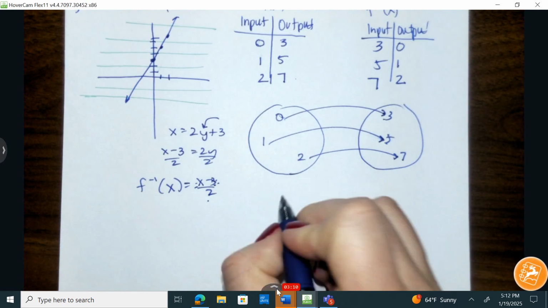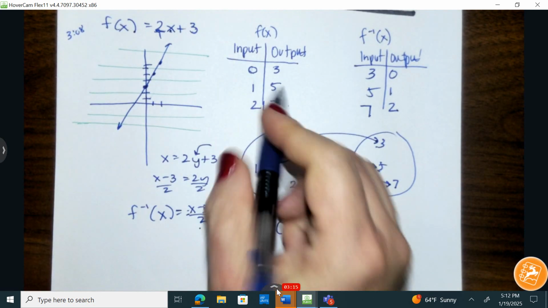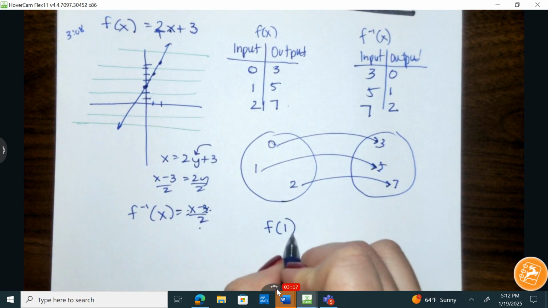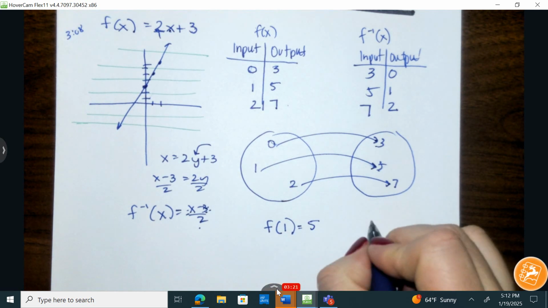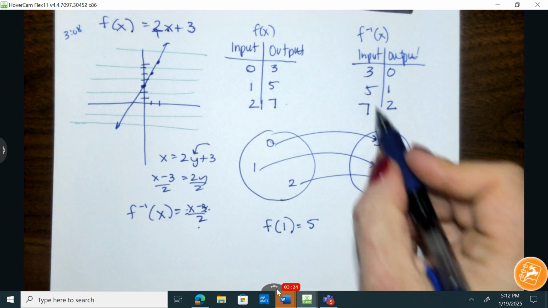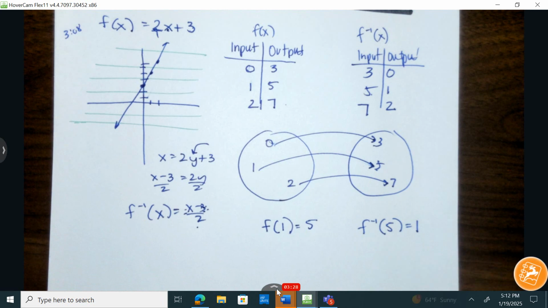We could make a few statements here. We could say, let's choose any one of these values. We could say, when the input value is 1, the output value is 5 for the function f. For the inverse, when the input value is 5, the output value is 1. Let's try another one.